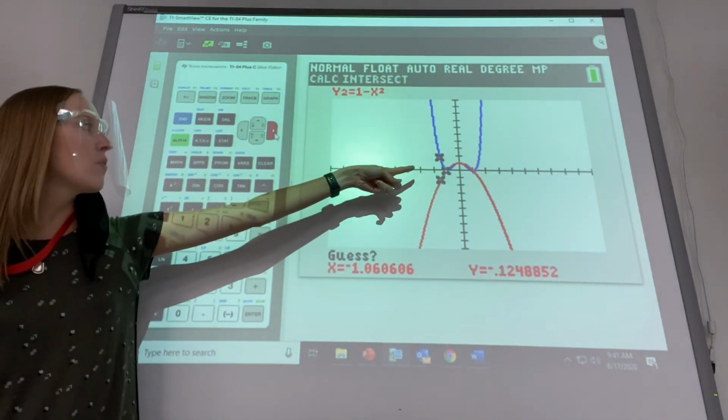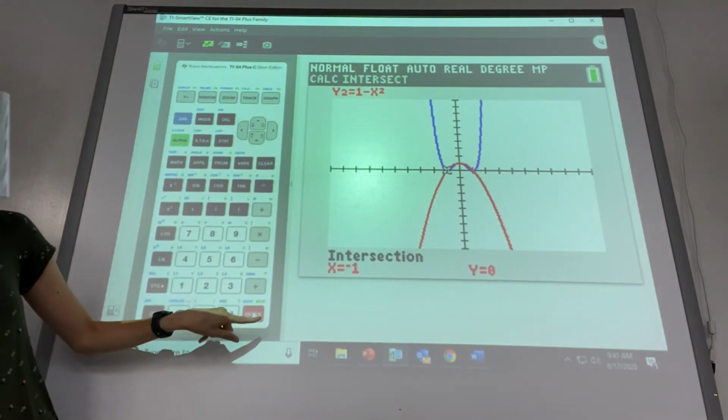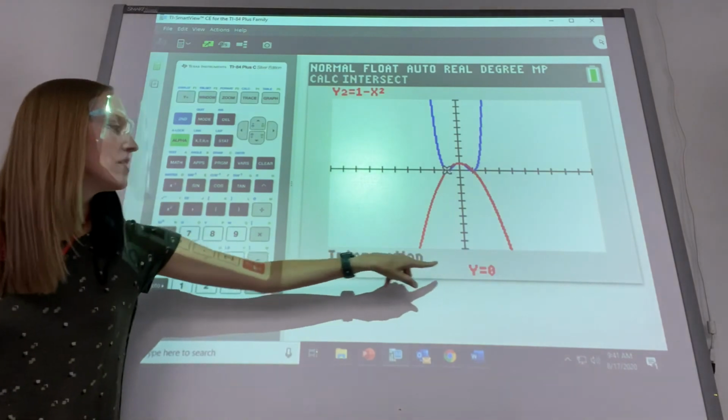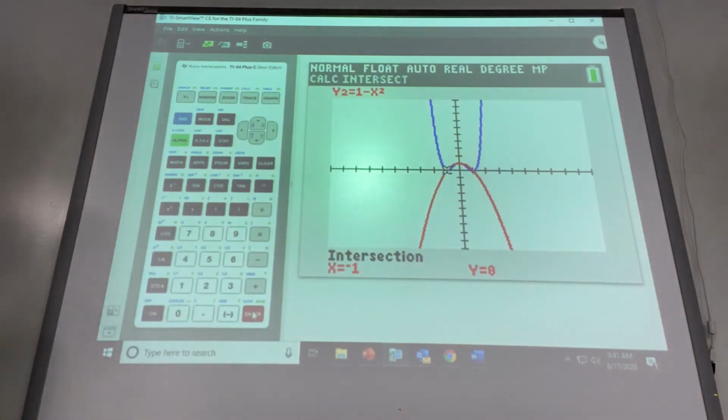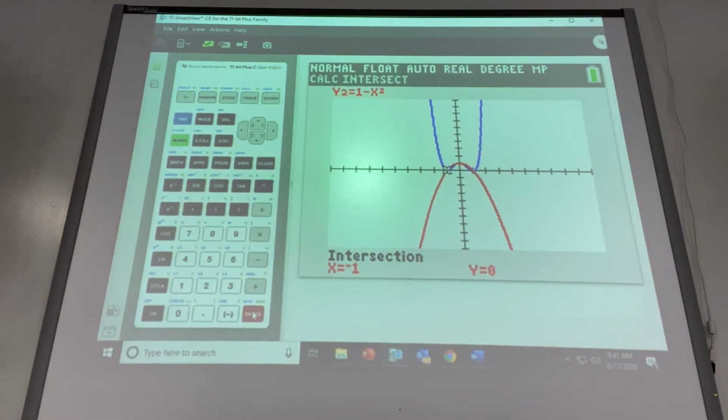I'm going to go for the one on the left. So enter, and it tells you exactly what the ordered pair is. We could already tell it's at -1, 0. I'm going to make a list over here. These are our answers, basically.